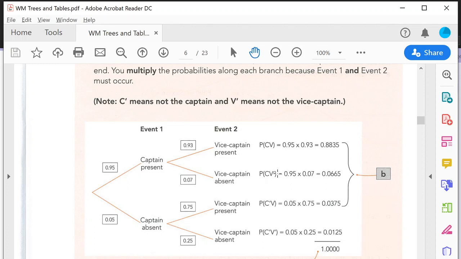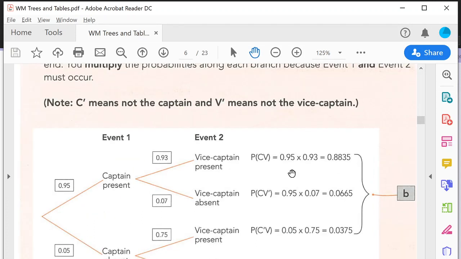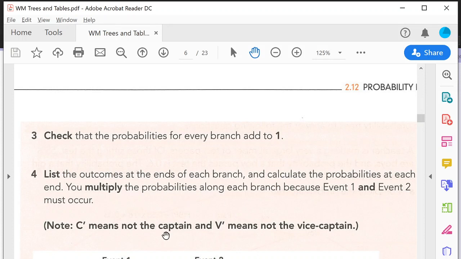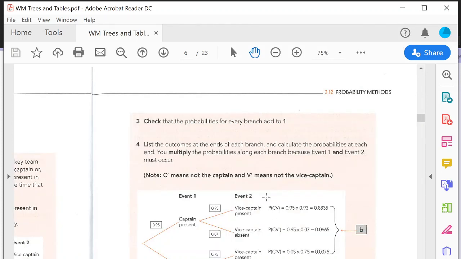Okay, you just have to understand this reading. What does V dash mean? That means that the vice captain is absent. Right, so it just means not present. Okay, so C dash means not the captain and V dash means not the vice captain.